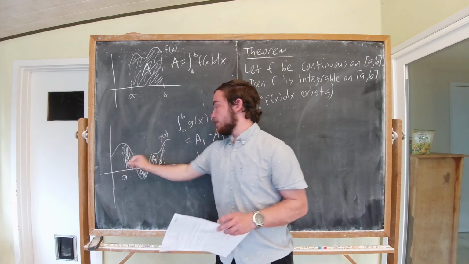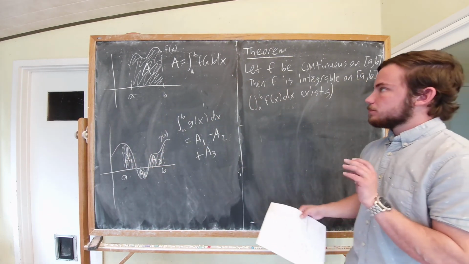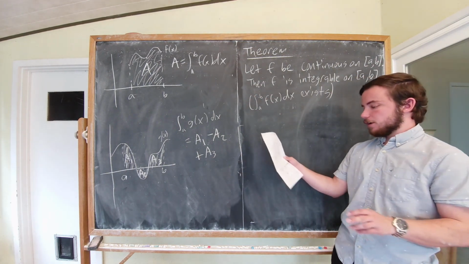So it keeps track of the sign of the area. So, in general, the integral is the net area under the curve.